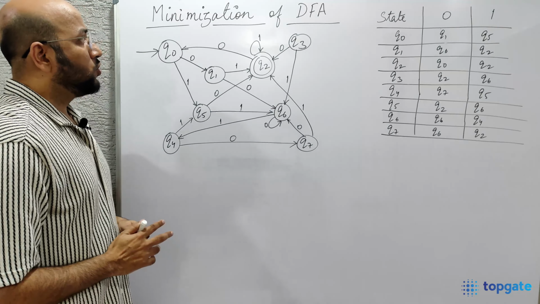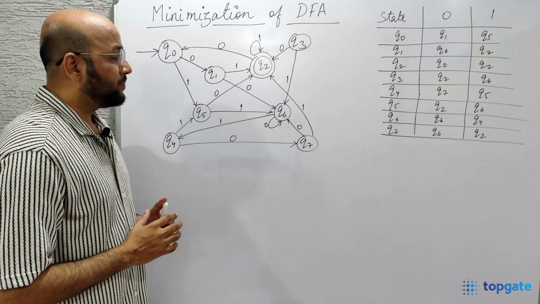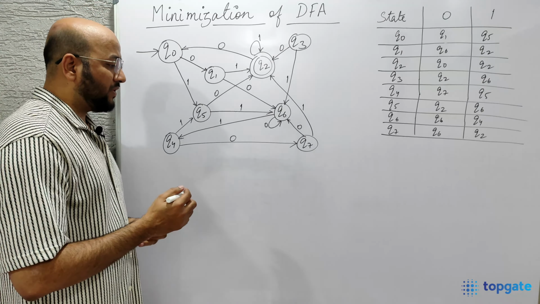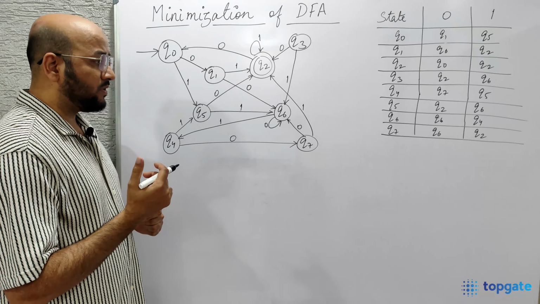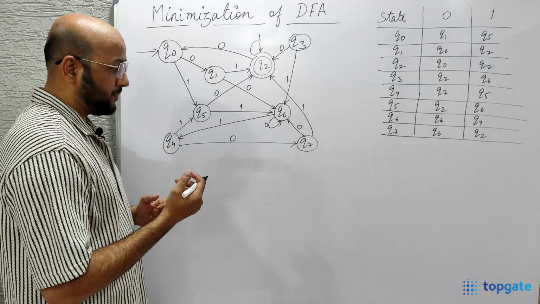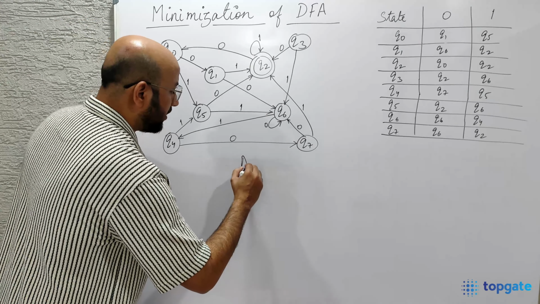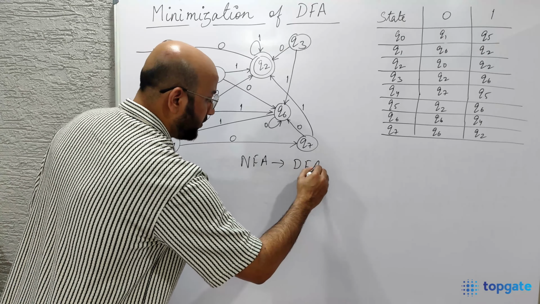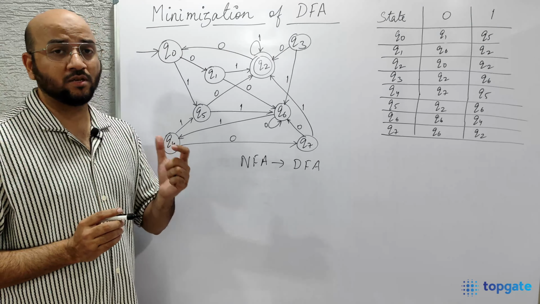First of all, we'll try to understand what is the need of minimization of DFA. Whenever we have a problem, and for that problem I have to make an NFA, this NFA has to be converted to a DFA. Why? Because we know that DFA is a complete system in itself.